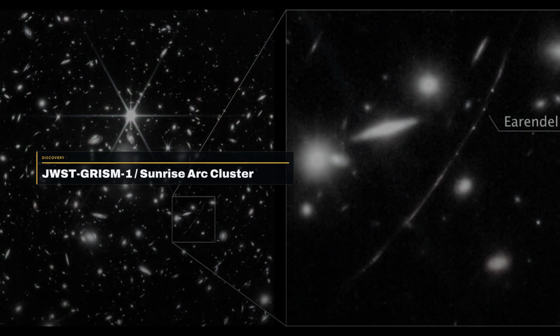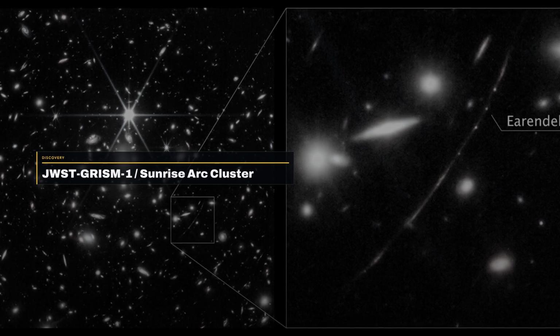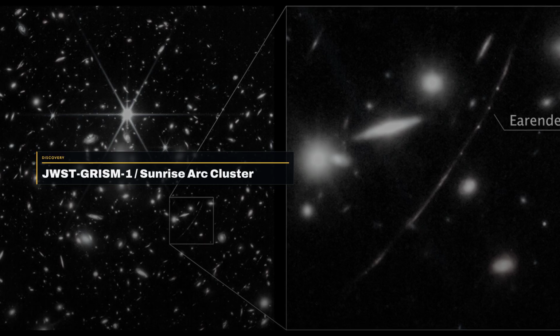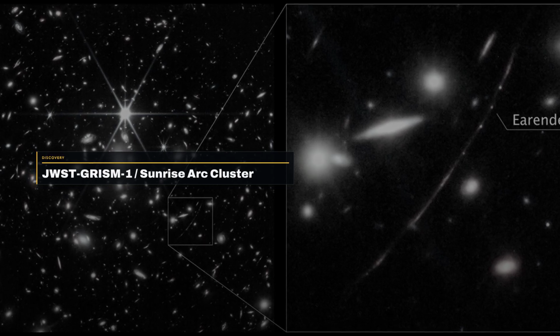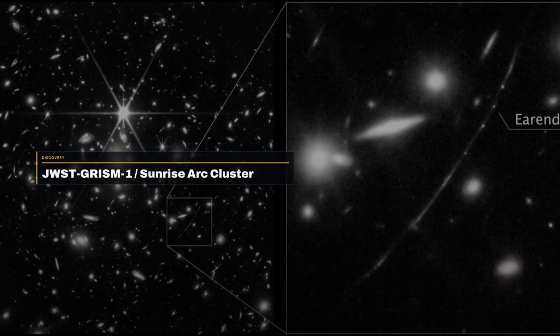The discovery has been named JWST Grissom 1, though astronomers working on it have taken to calling it the Sunrise Arc Cluster after an earlier gravitational lensing observation that first hinted something unusual was in that region of the sky.